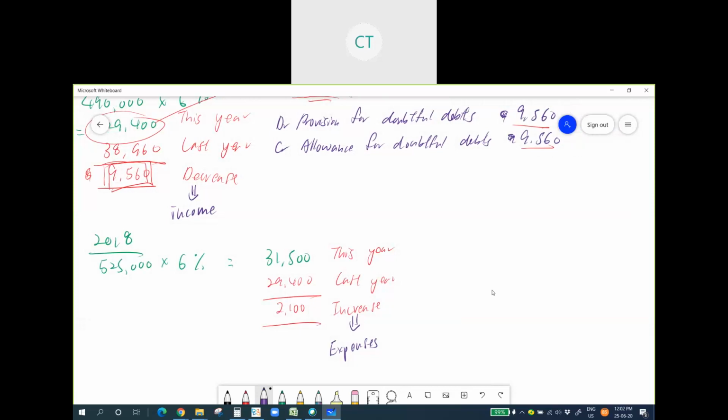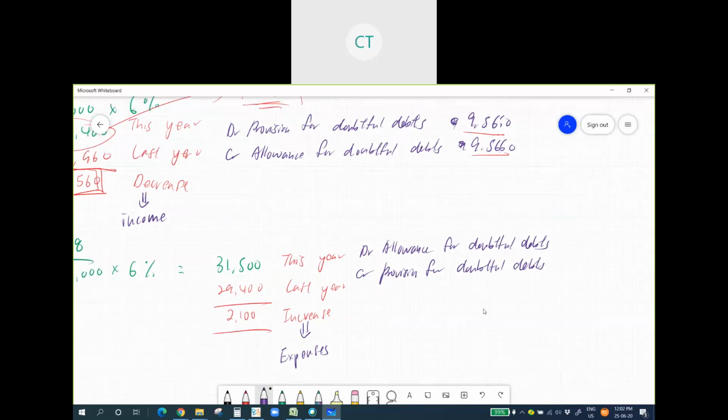Next, we are going to provide the double entry with debit allowance for doubtful debts, and we credit to provision for doubtful debts. The amount is only the difference. The amount is only the difference, 2100.